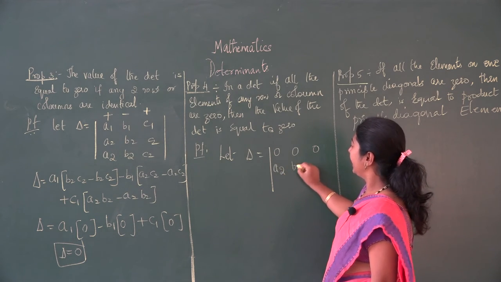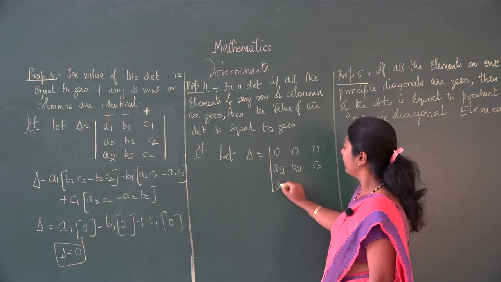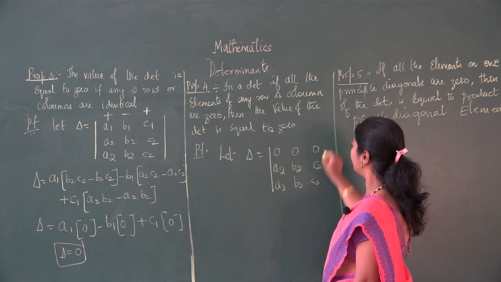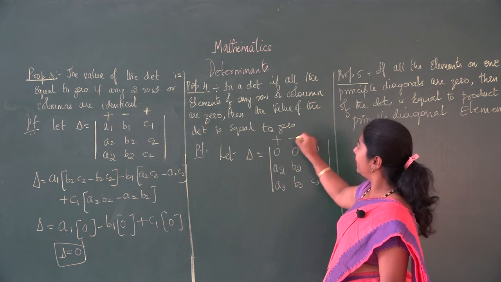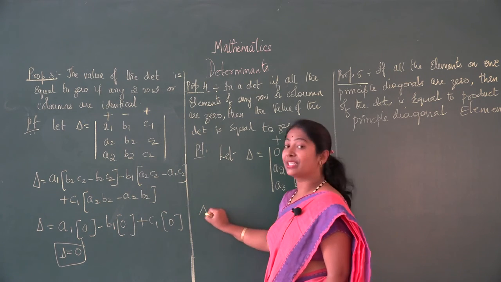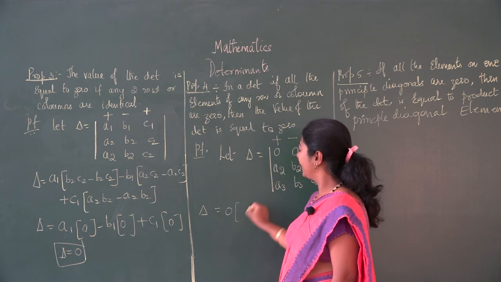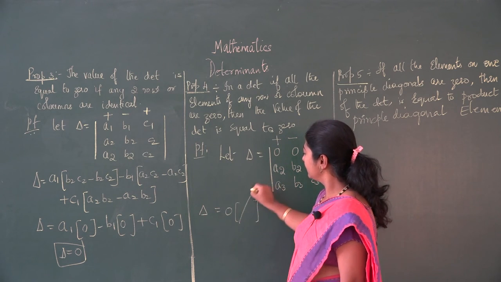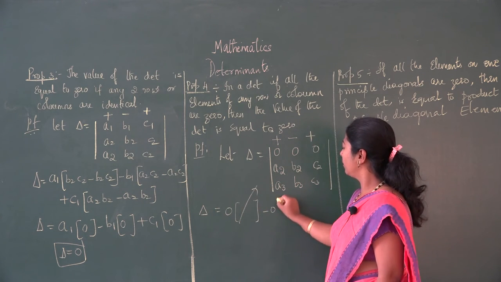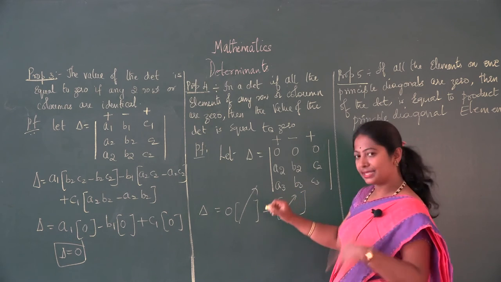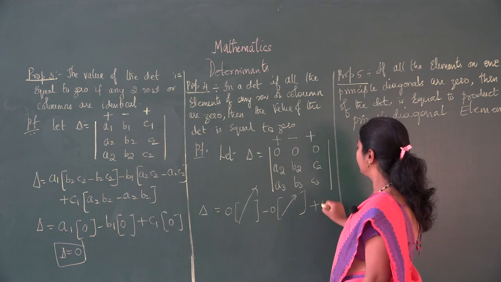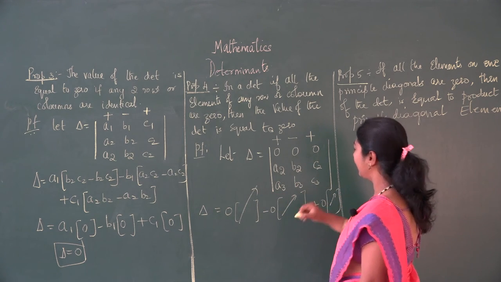The second row will be A2, B2, C2, and the third A3, B3, C3. What are the signs associated? Plus, minus and plus. So when you expand the determinant, 0 into any term is 0, minus 0 into any term is again 0, plus 0 into any term is again 0.